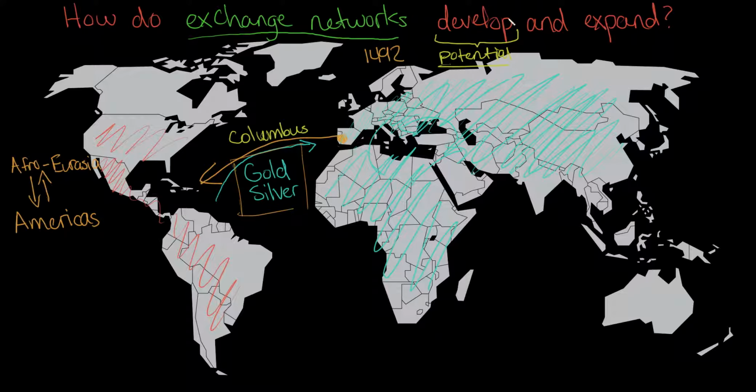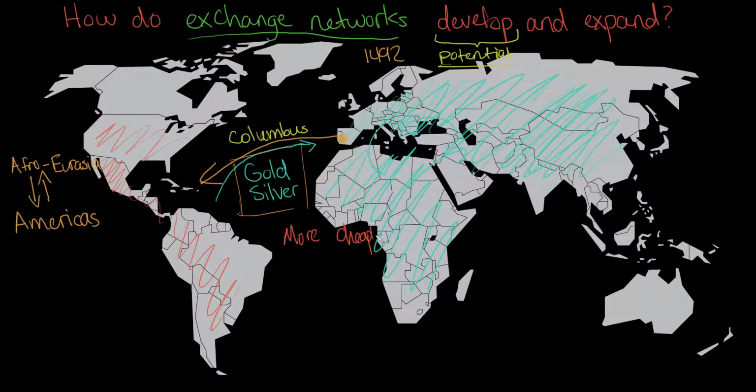And how would an exchange network expand? Well, exchange networks are really expanded once there is this realized potential. Once there's this potential, you have infrastructure set up, right? Europeans set up infrastructure so that they could go back and forth more cheaply.